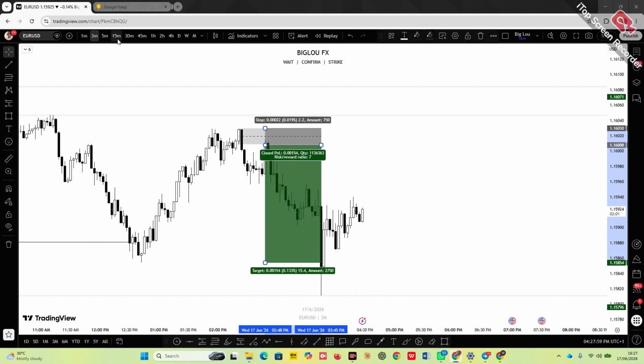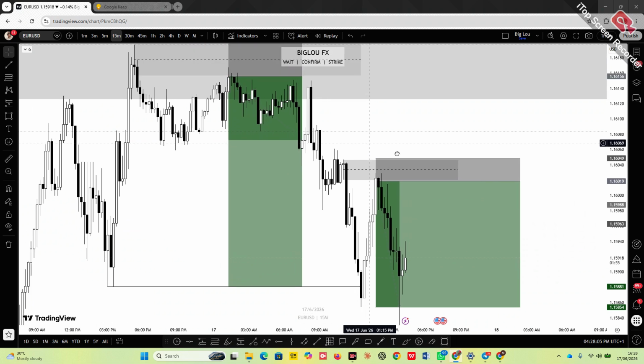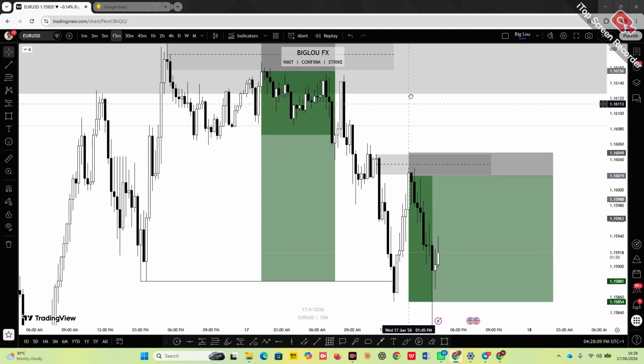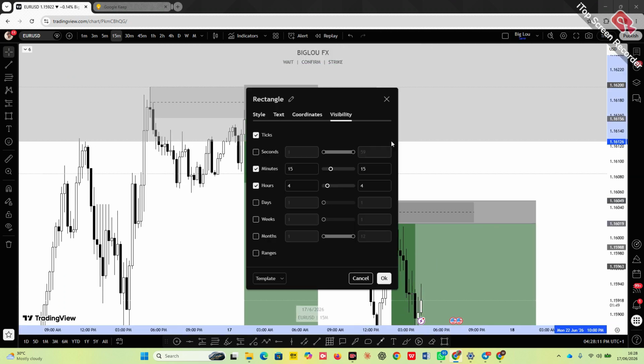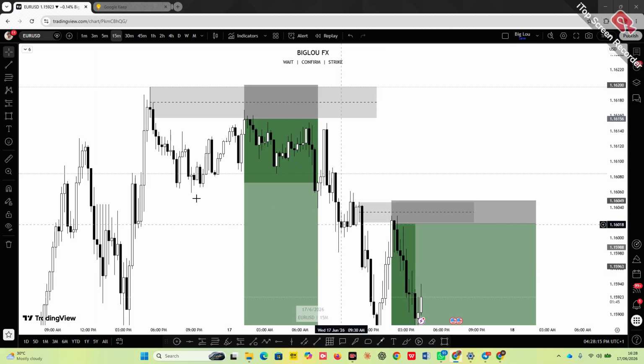Let's go back to 15 minutes. If I'm framing a trade, this is a 15 minutes POI. If I want to catch a confirmation entry on the 15 minutes POI, I'm going to use the 3 minutes. Now let me take off this one and leave it on 4 hours because I've already caught the trade on 15 minutes. Now let's imagine I wanted to catch this trade. This is a 15 minutes POI now.